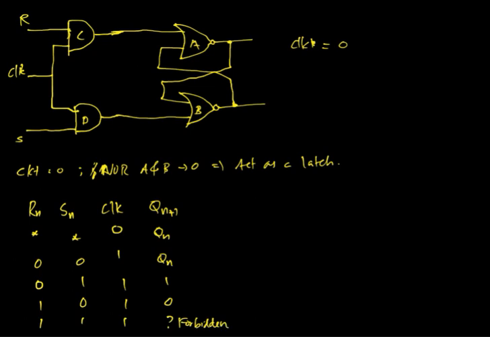So this is the truth table for a clocked RS flip-flop. Remember that the clock pulse is used to avoid the unequal propagation delay time associated with the gates. So that's all about RS flip-flop.